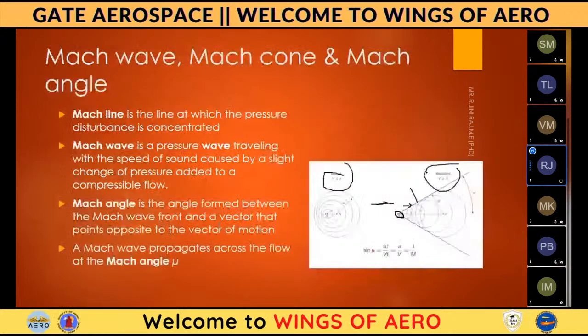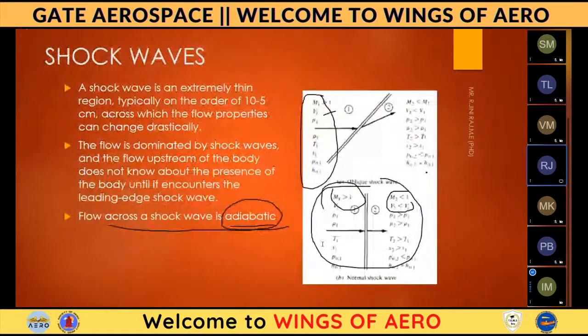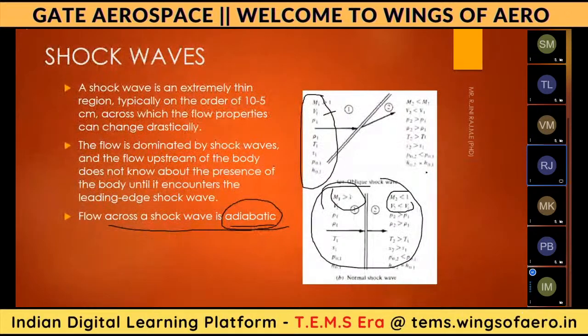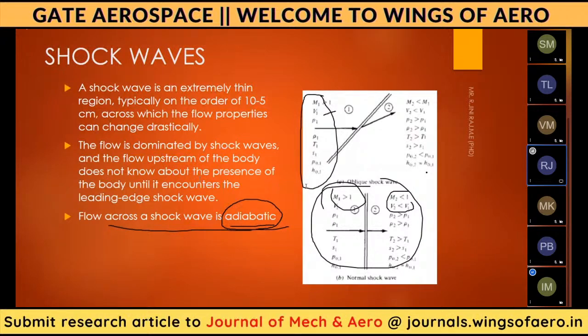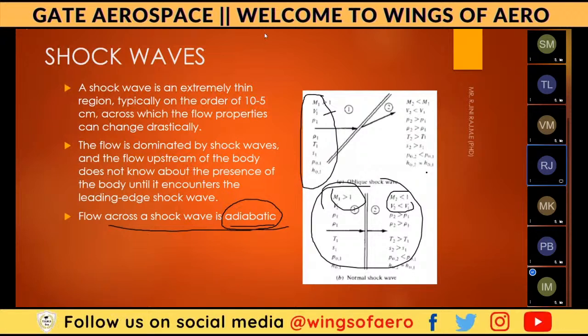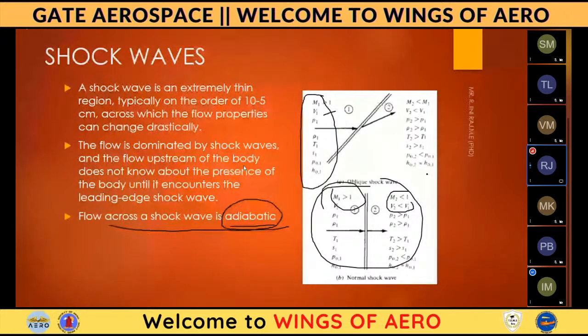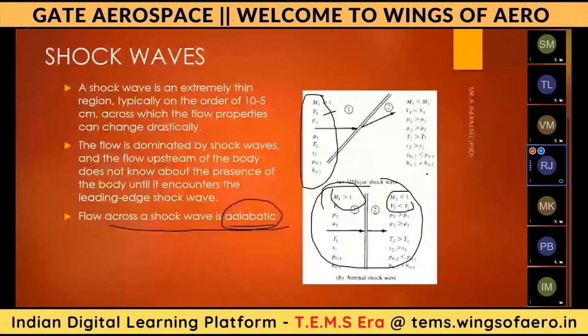Sir, flow across the shock wave is adiabatic. Whether it is after the shock wave or while crossing. Why they are mentioning the term adiabatic means we are not heating the flow to produce some shock.